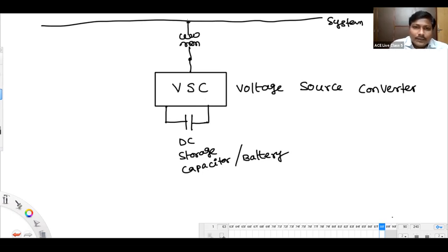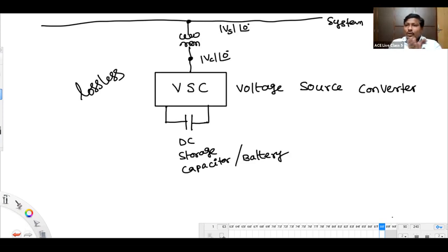So this system voltage is something like mod Vs at an angle 0 degree, and this converter output AC voltage is something like Vc at an angle 0 degree. There is no real power exchange, that's why I'm saying both are at the same angle, assuming this is completely lossless equipment.